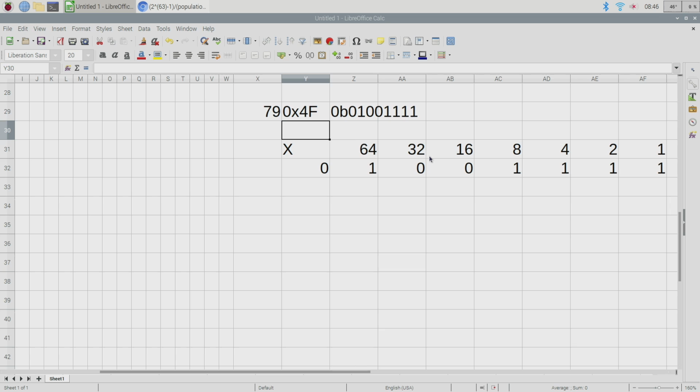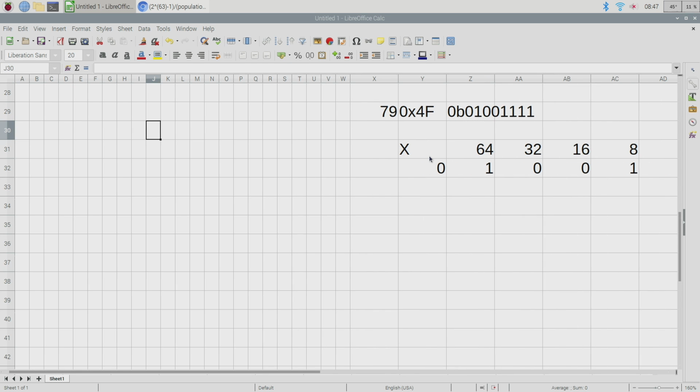All right, so now that we figured out the representation of 79, let's figure out what the representation of negative 79 is. So what am I going to do? 79 we said was 0, 1, 0, 0, 1, 1, 1, 1. So flip all the bits. What does that give me? 1, 0, 1, 1.